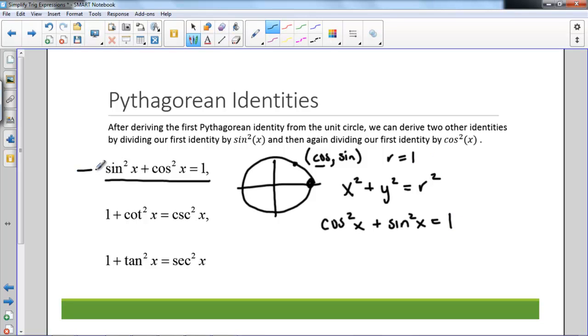And that's where this very important first Pythagorean identity comes from. After obtaining the first identity, we can divide the first identity by sine squared x and get this one. Then we can again take this first identity and divide it by cosine squared x and obtain this one. So that gives us our 3 Pythagorean identities.